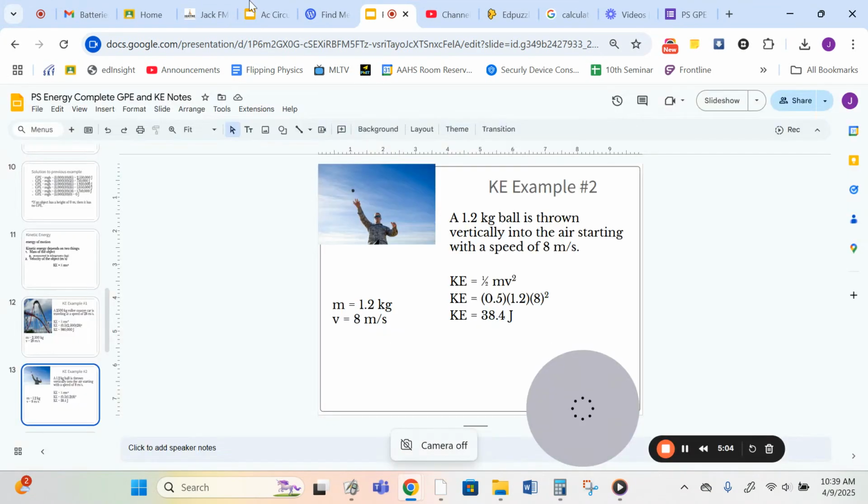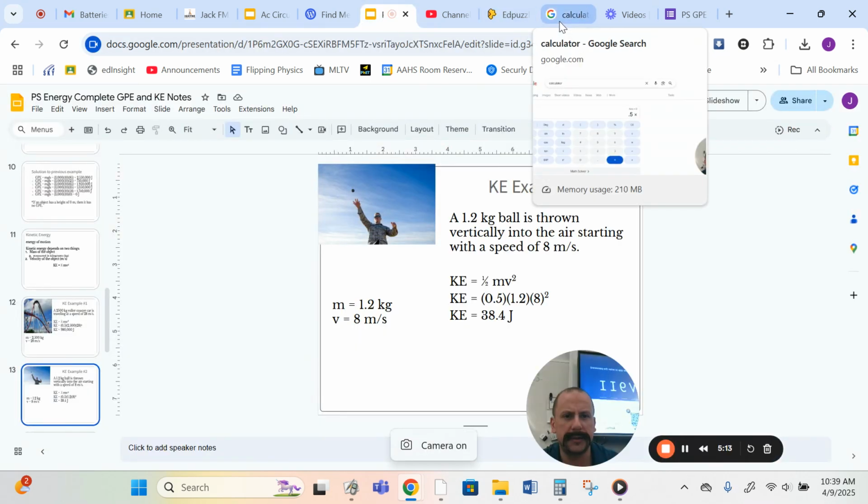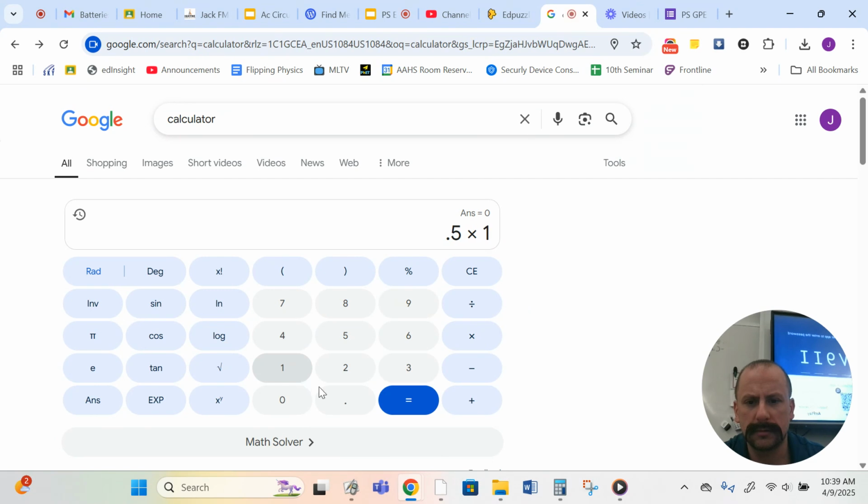When I type this into my calculator, 0.5 multiplied by 1.2 times 8, exponent button, 2, equals 38.4.